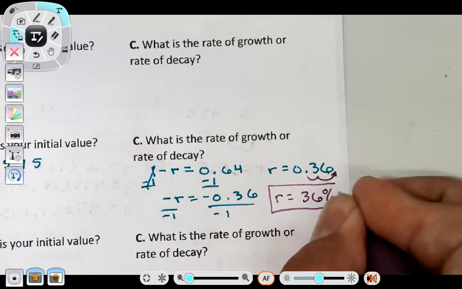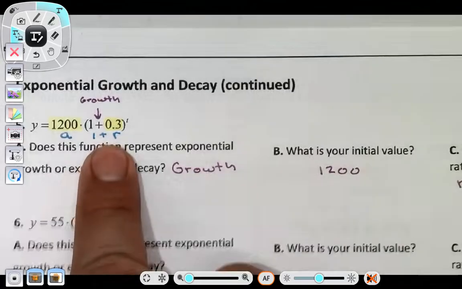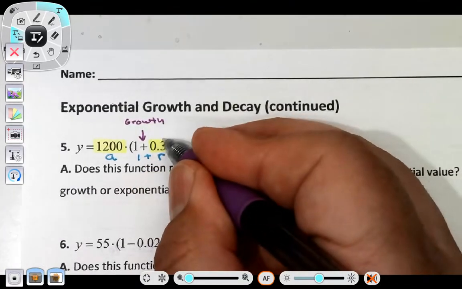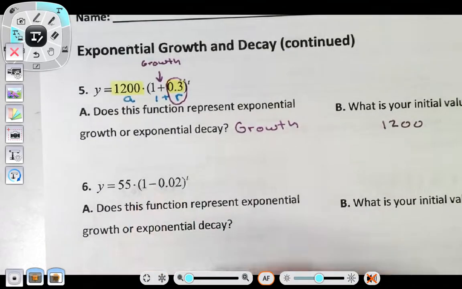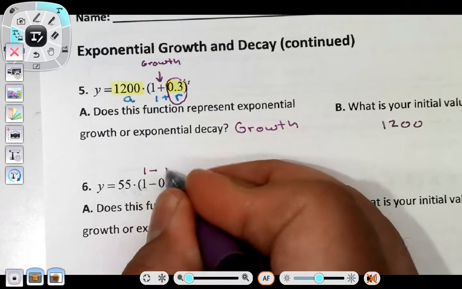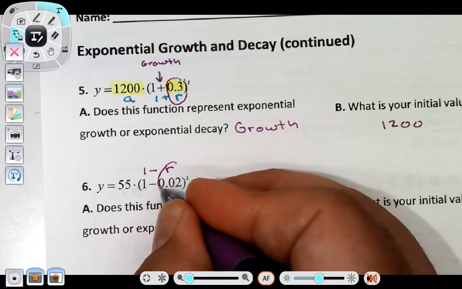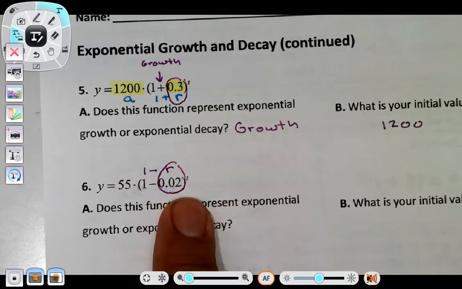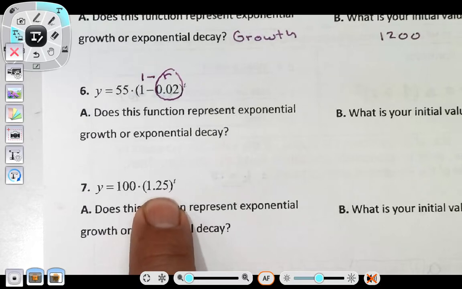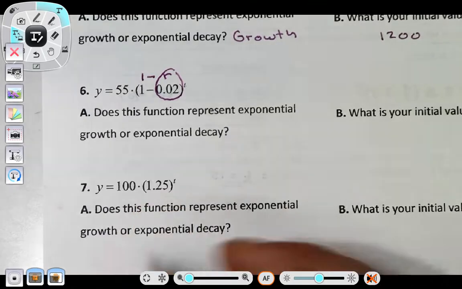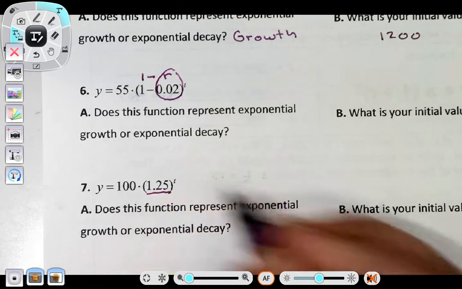So yes, if it has a plus sign or a minus sign, there's your R right away. Look at this one right here, number 6. 1 minus R, that makes it decay. But there's your R right away. Yeah, this does not say 1 minus or 1 plus, but it's growth because it's bigger than 1.